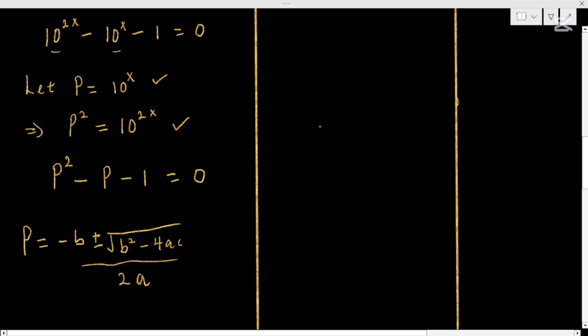Right? Very good. We can now say where A is the coefficient of P squared, and the coefficient of P squared is 1. B is the coefficient of P, and the coefficient of P here is minus 1. C is a constant, and the constant we have here is also minus 1.